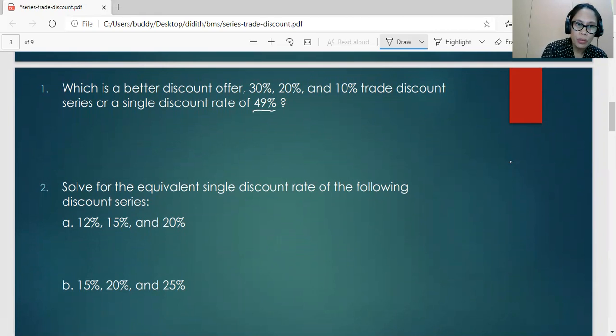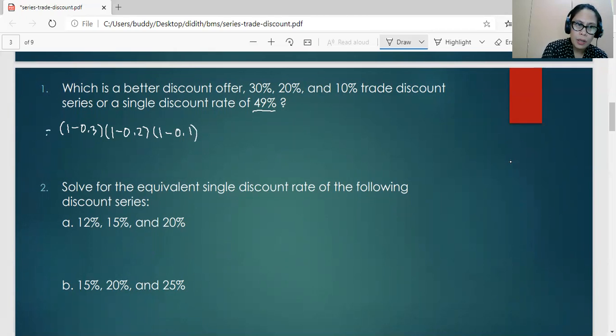So I'm going to express each in decimal and subtract each discount rate from 1. So we have 1 minus 0.3, and then we will multiply the results, right? So 1 minus 0.2, and then 1 minus 0.1.